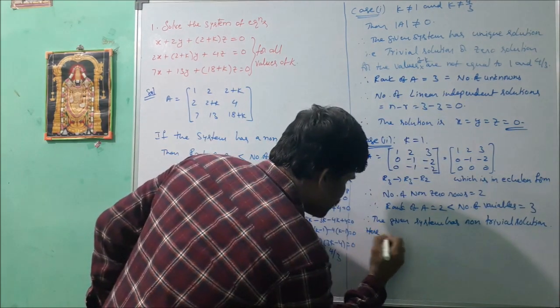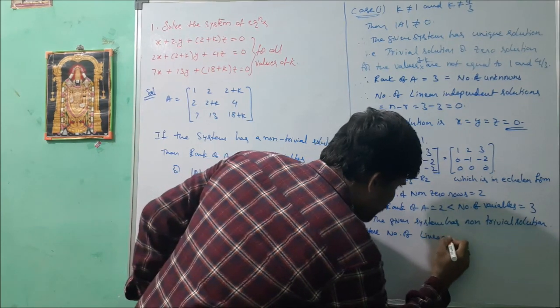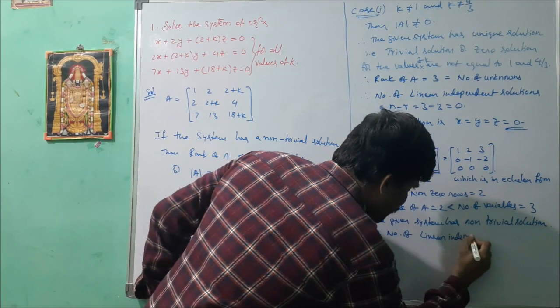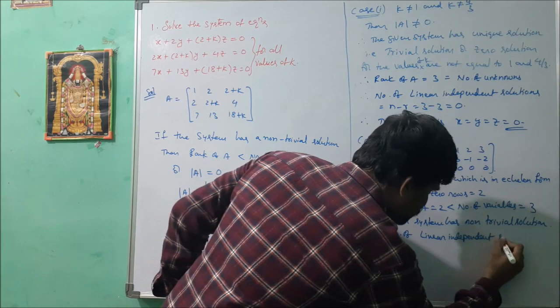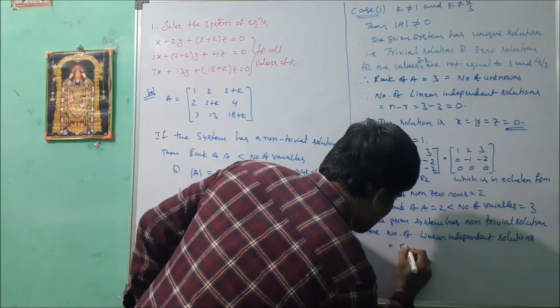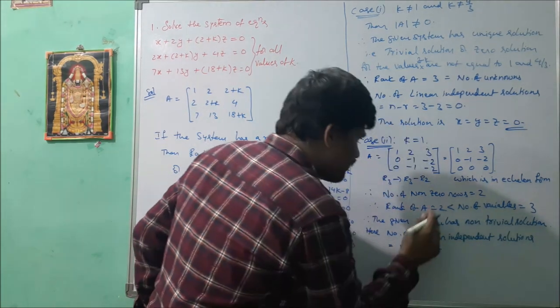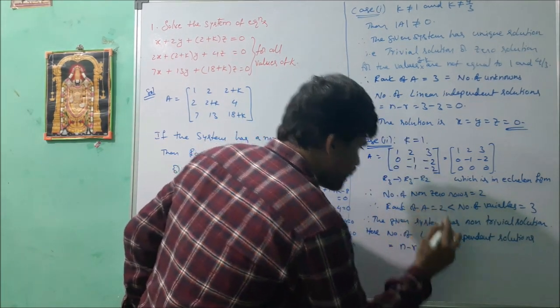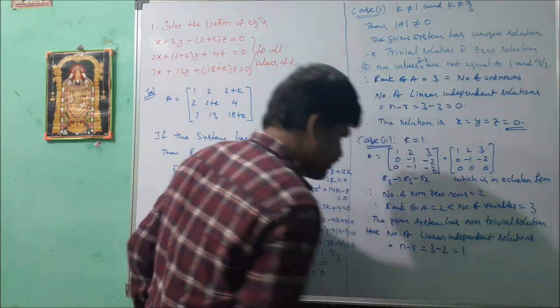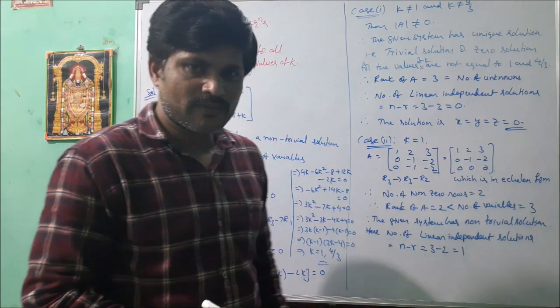Here the number of linearly independent solutions equals n minus r. Here n means 3, and r, the rank of the coefficient matrix, is 2, so 1. So the number of linearly independent solutions is 1.